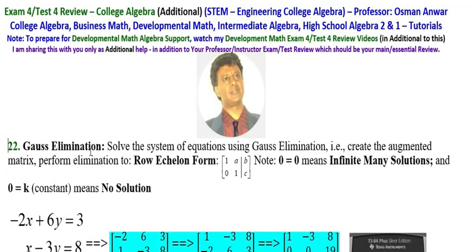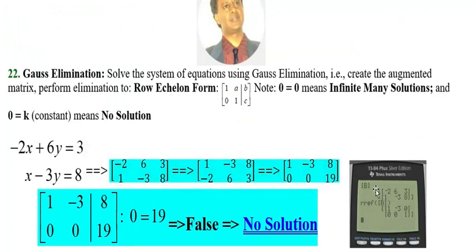For number 22, we did Gauss elimination, row echelon form. That is 1 in the diagonal, 0 below the diagonal, and some number above the diagonal, A, and augmented with B, C. Then we create a matrix called B. For X is minus 2, 1, for Y 6, minus 3, augmented with 3, 6.